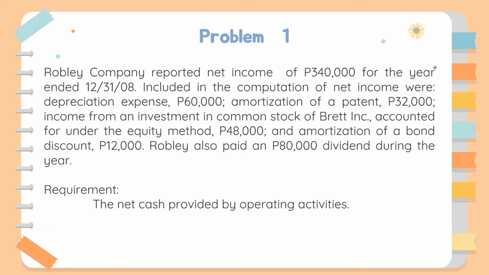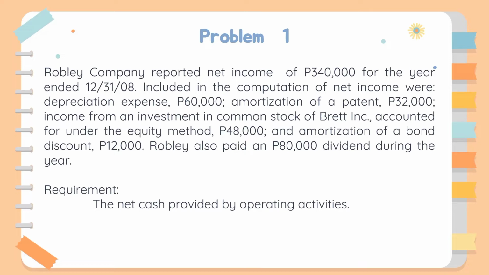Included in the computation of income were depreciation expense 60,000, amortization of a patent 32,000, income from an investment in common stock of Brett Incorporated accounted for under the equity method 48,000, and amortization of a bond discount 12,000. Robley also paid an 80,000 dividend during the year.